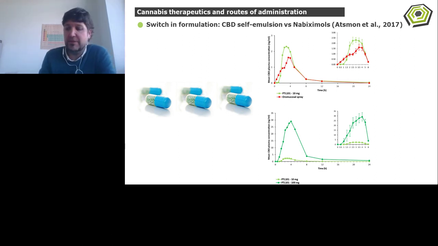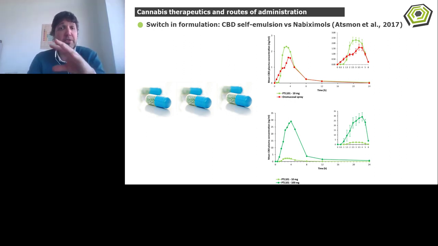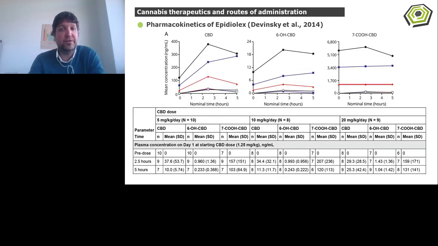In the figure below, you have a dark green, which is 100 milligrams, and a light green, which is 10 milligrams, the same one that you have on the top. So this is just to give an idea how different formulations are going to affect the absorption of that CBD, which might actually cause a difference in efficacy.